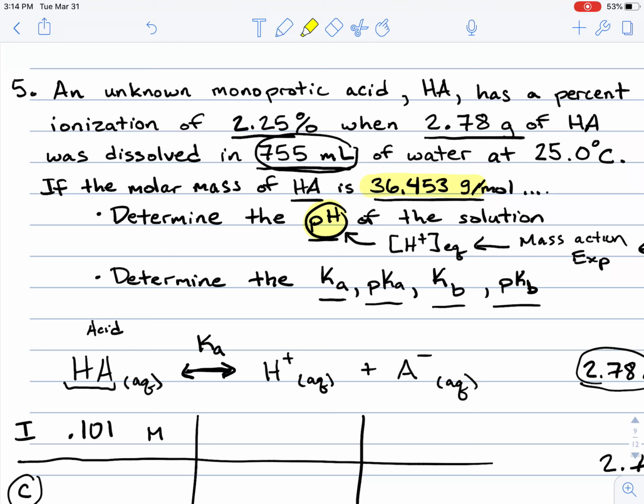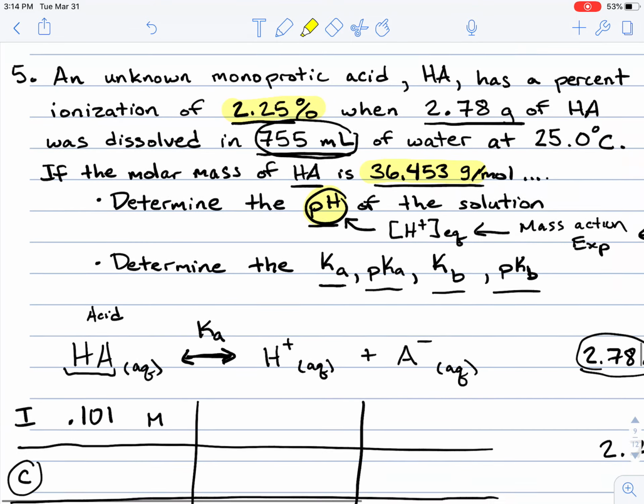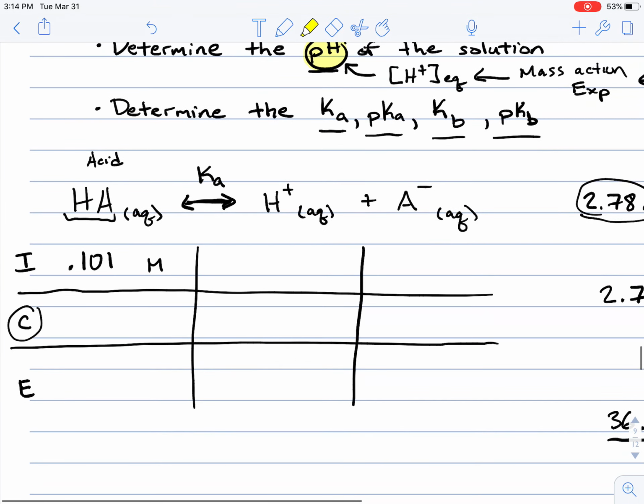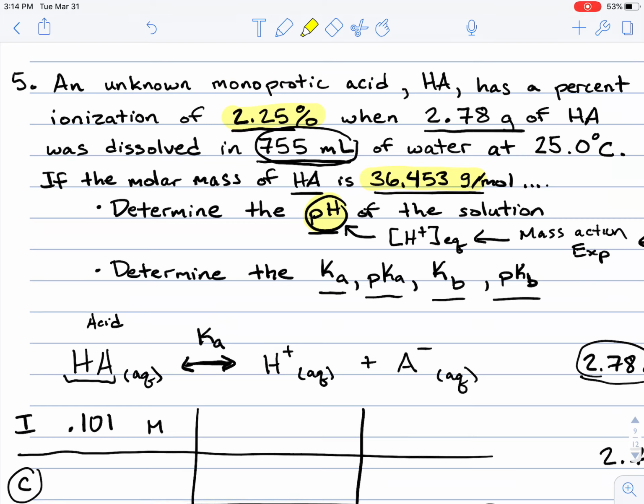However, if we look at the percent ionization, notice that it's only 2.25%. Anything that is very small in terms of percent ionization, it's basically describing a weak acid or a weak base. And so by looking at the percent ionization, we can go ahead and determine that this monoprotic acid is a weak acid.